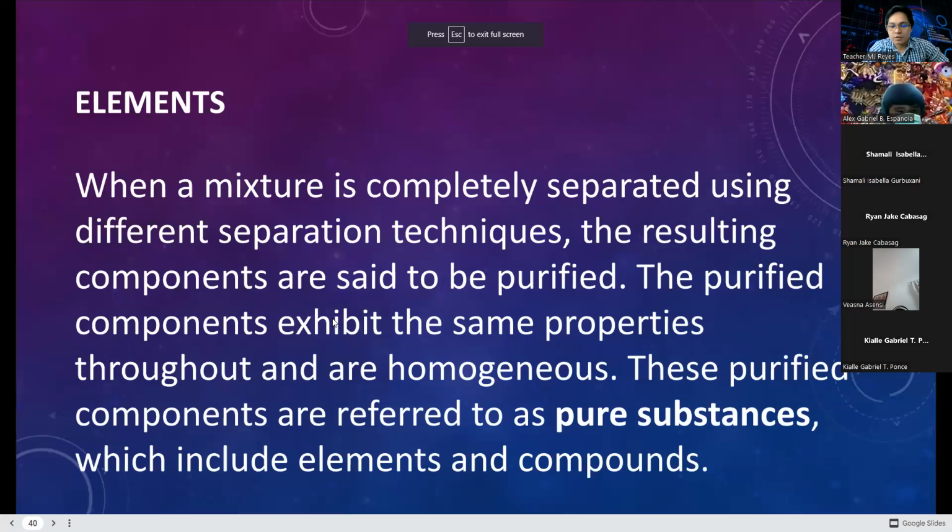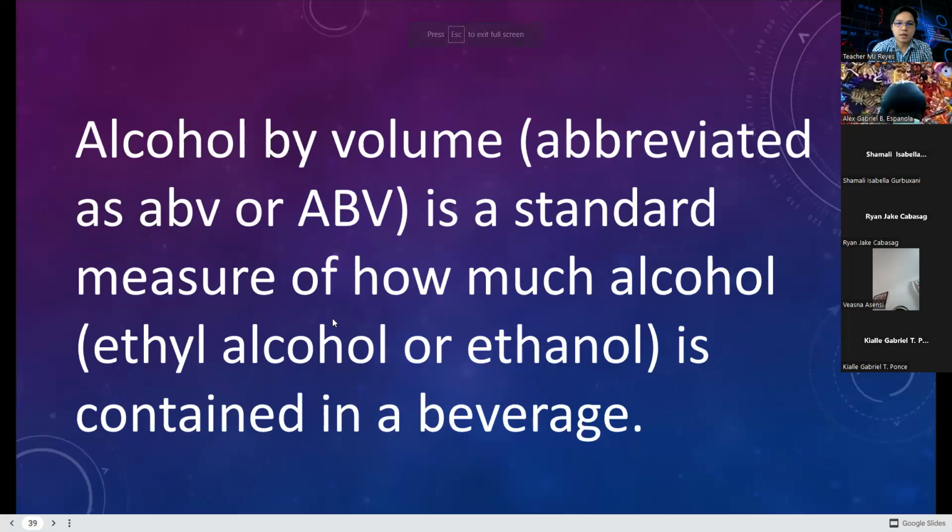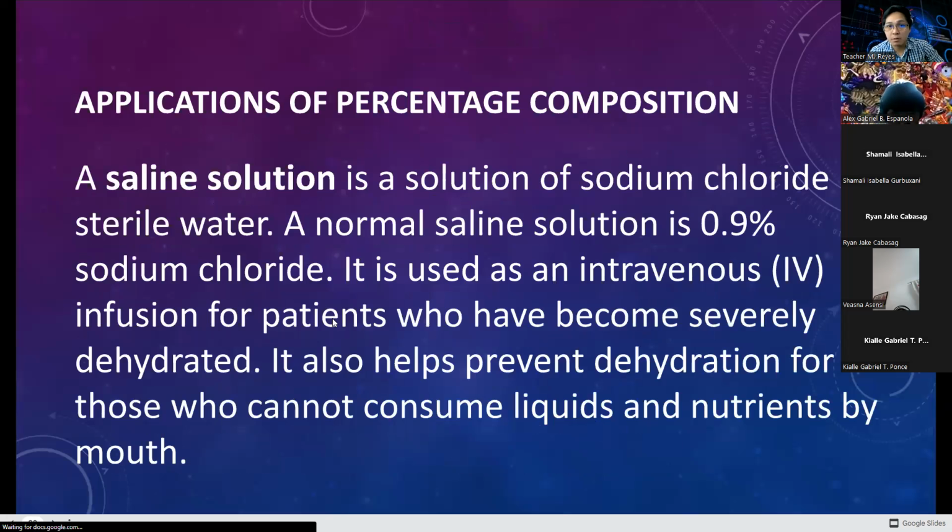Right. So last meeting, we discussed the percentage composition. The percentage composition is the percentage of solute in your solution. I also discussed your NSS, or the natural saline solution.